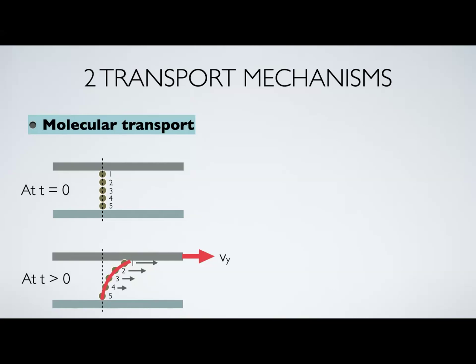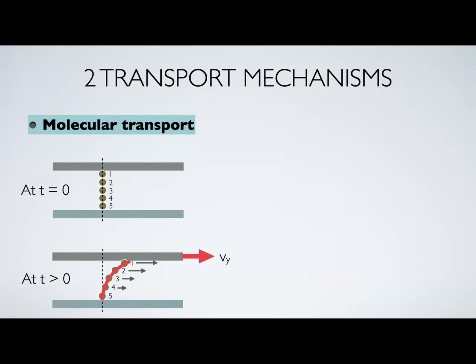So you can see here that along the y-axis there is a gradient, or a difference, in velocity. In terms of molecular transport, there is a transport of velocity in molecules: from molecule 1 to 2, molecule 2 transfers to number 3, number 3 to number 4, and then number 5.